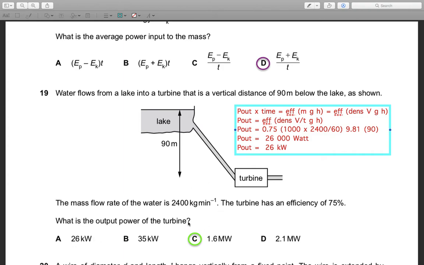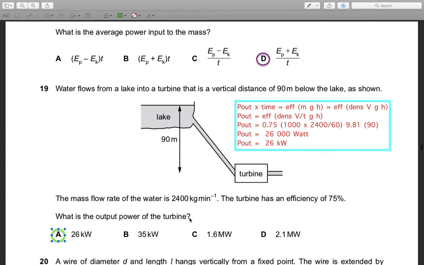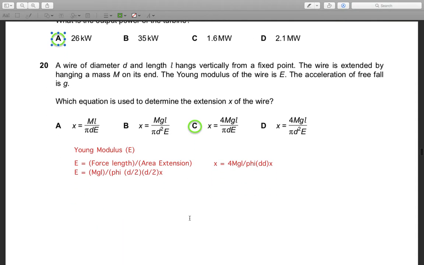Okay, the answer is not here. I think this is wrong, because we didn't account for the flow rate being per minute, not per second. Okay, we'll continue to number 20.